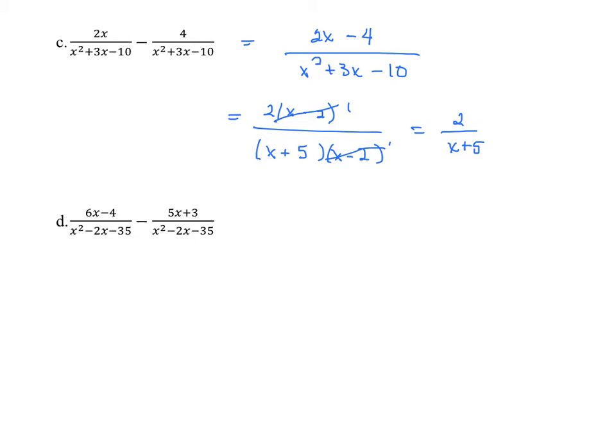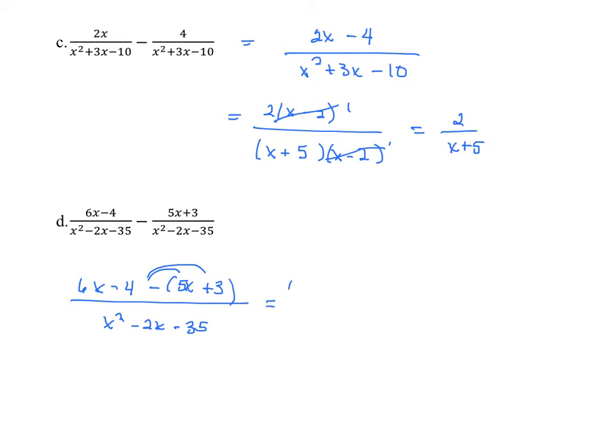Now these can be a little bit tricky, you guys, so I'm going to show you. So 6x minus 4, we're taking away this entire binomial. So we have to be sure to subtract everything. So change the sign through that whole second polynomial there.